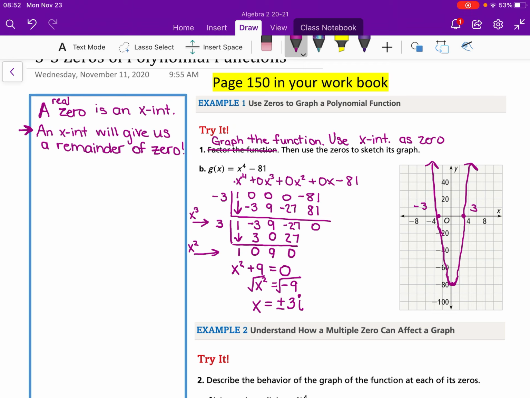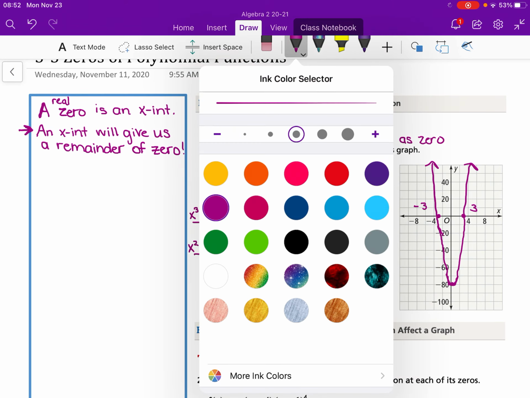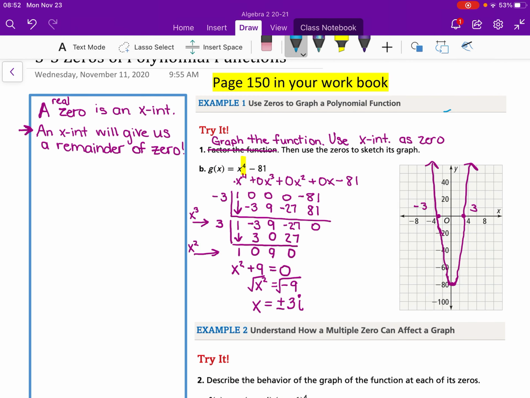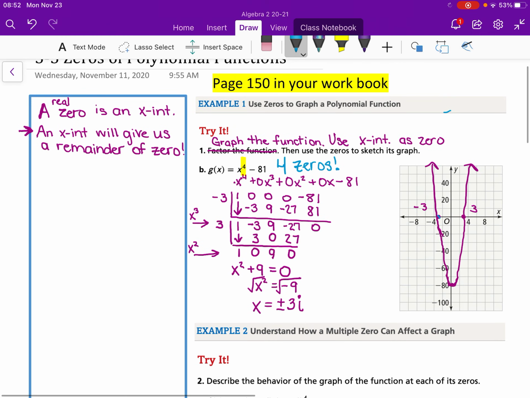Here are the connections I want you to make. So we have kind of taken this problem a little further than what they had originally anticipated. But there's a lot of connections here. This is to the 4th power. That means that it should have 4 zeros, because it's to the 4th power. But notice it only gave me 2 of them on the graph.